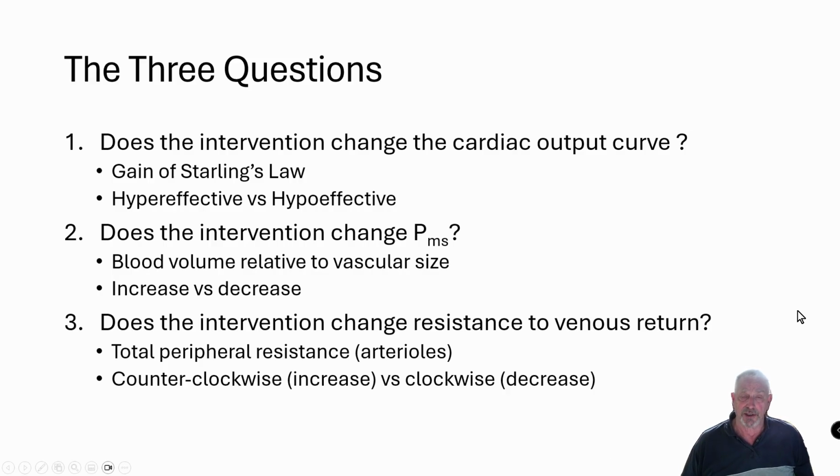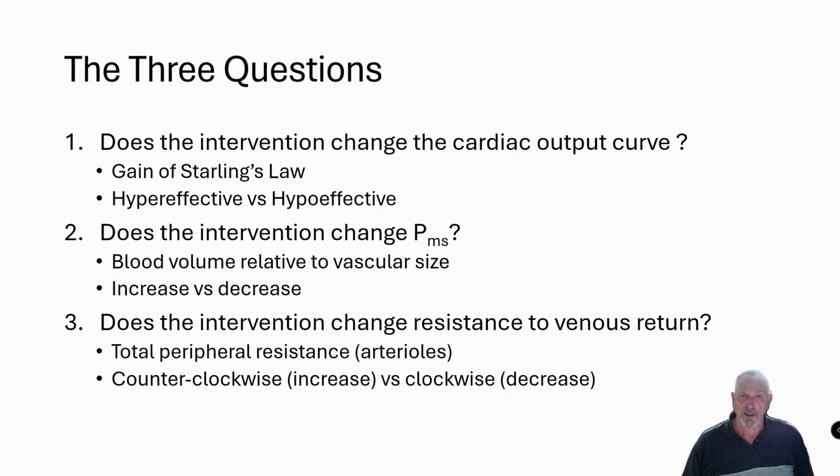If it decreases resistance to venous return, total peripheral resistance, we're going to rotate the venous return curve clockwise, more parallel to the cardiac output or venous return axis, which is a flow axis. So increased resistance counterclockwise, decreased resistance clockwise. Always these three questions, same order, every intervention.